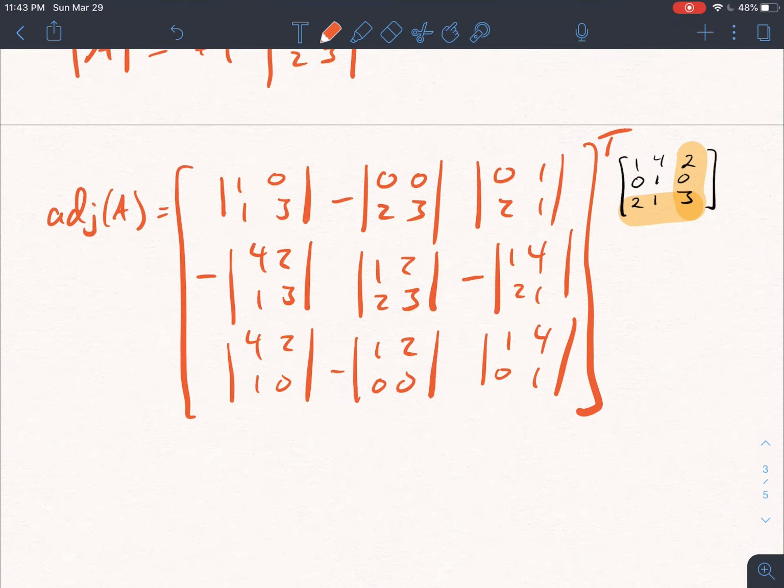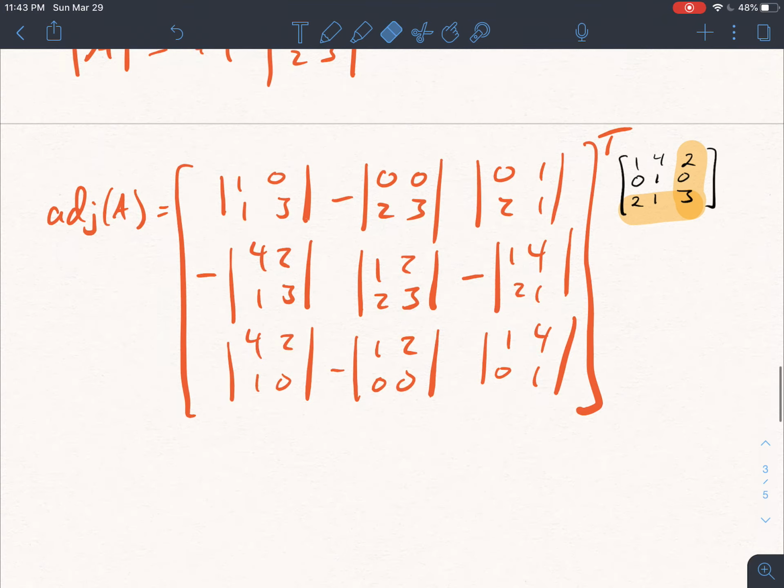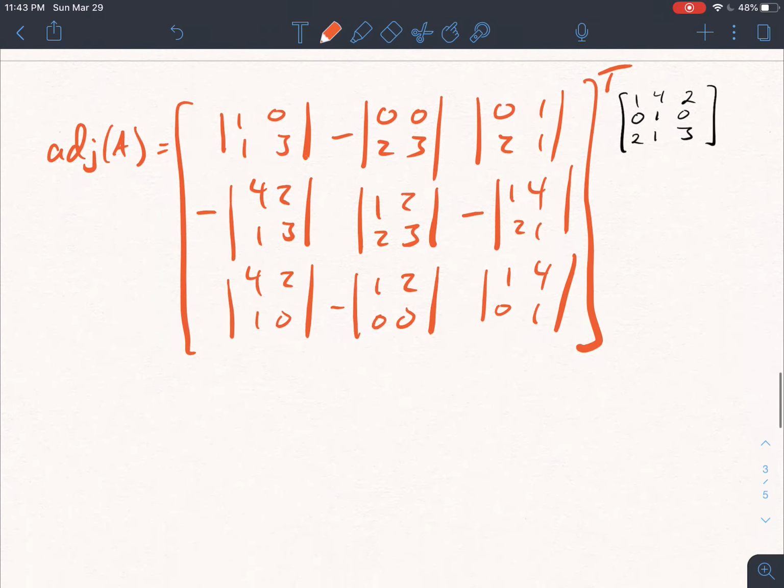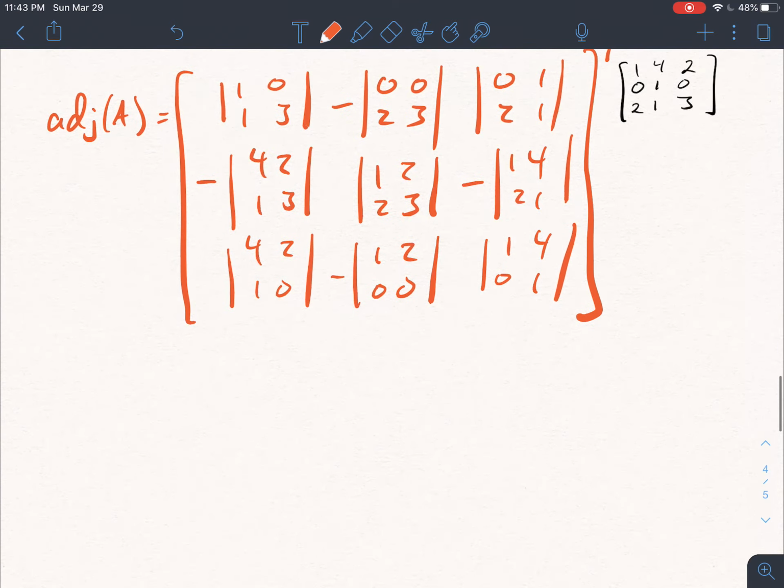Okay. And so this is almost my adjoint, but I put everything in the place where I expected it to be, so I should take a transpose at the end. Okay, cool. So now let's calculate all of these determinants first and then take the transpose.